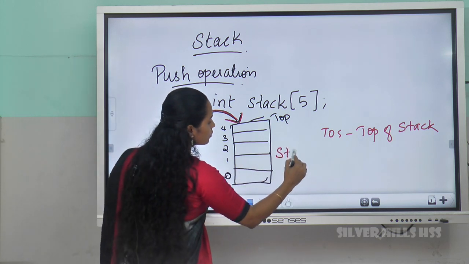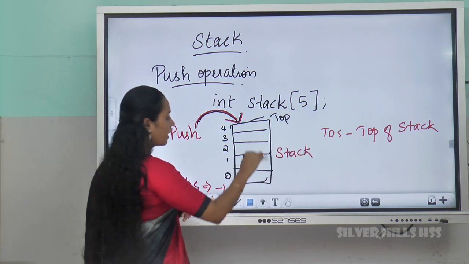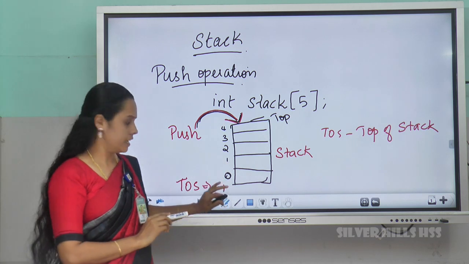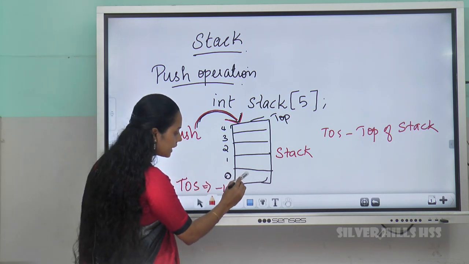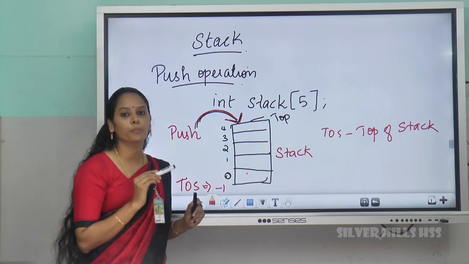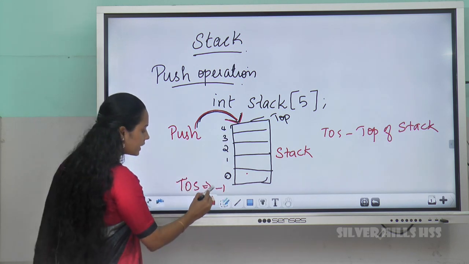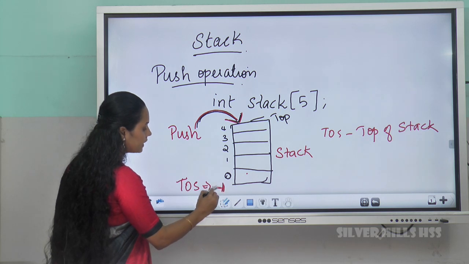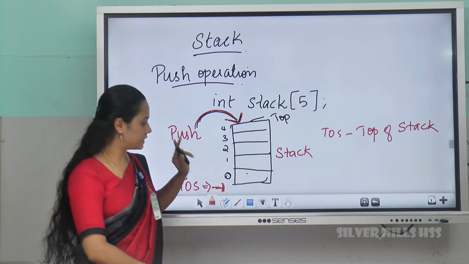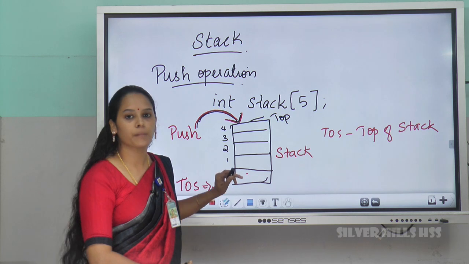The name of this array is stack, and it does not have any elements. If at least one element were there in the first position, then top of stack would be 0. But here no elements are there, so top of stack is -1.